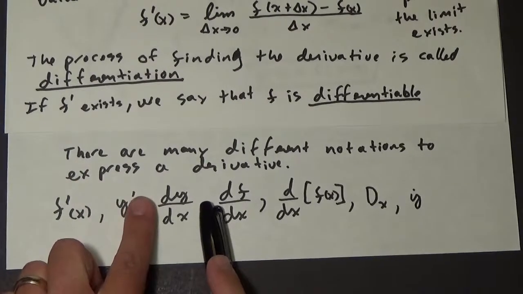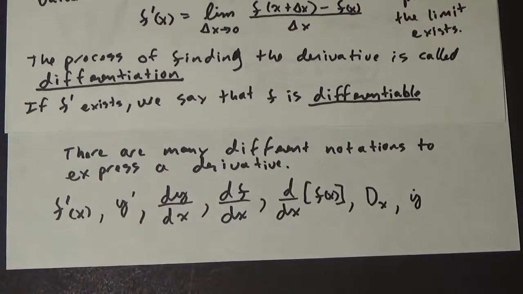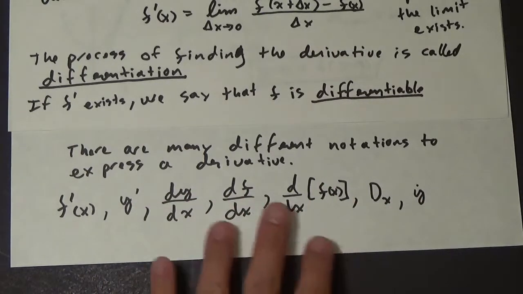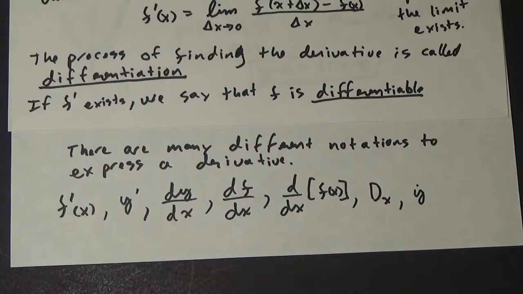Leibniz used this dy dx. It's called differential notation. And they both survived, and a lot of times this is easier to write out, but we do use differential notation for certain cases because it's easier to work with. But anyways, as you go along, sometimes you see these notations and they all mean the same thing, taking the derivative.